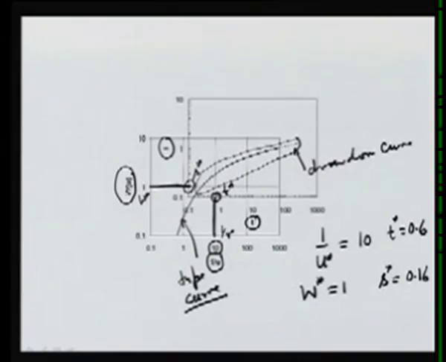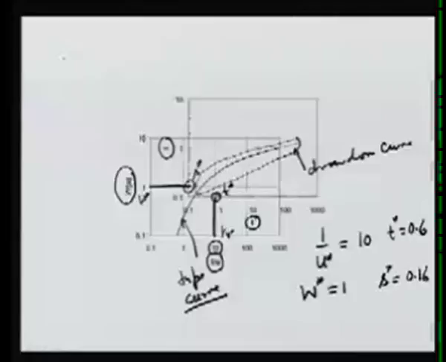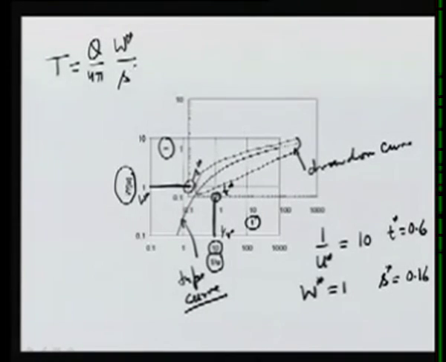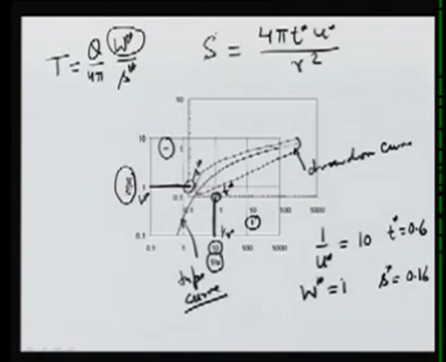So using these 4 values of the starred variables, we can use the Theis curve matching equations to obtain the transmissivity. The equations which are given are T equal to Q over 4 pi, W star over S star, and S equal to 4 pi T star u star over r square. So W star here is 1, S star is 0.16.